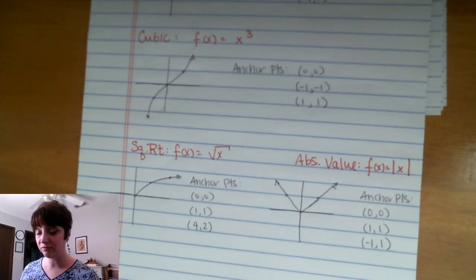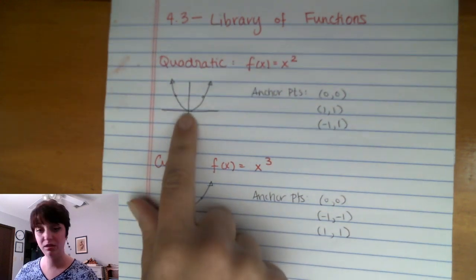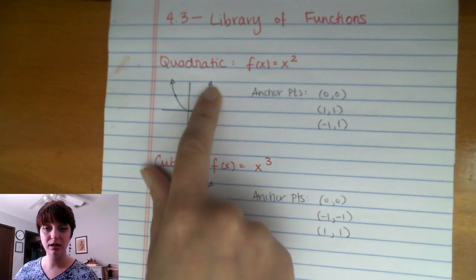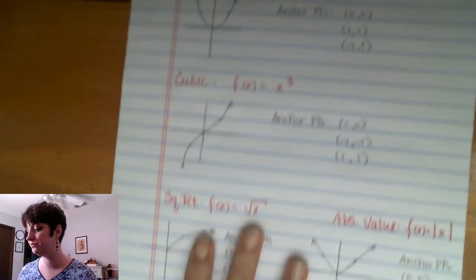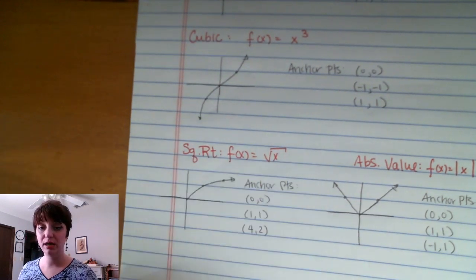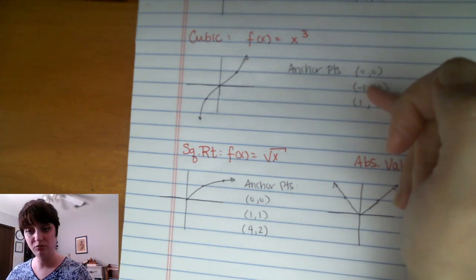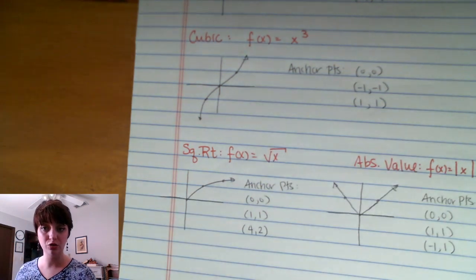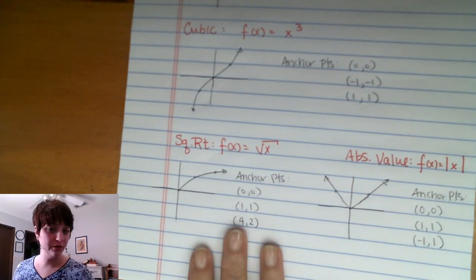The only thing that's different is the absolute value is a V and the quadratic is a U, because 2 squared is 4 instead of just 2, which is what the absolute value gives you. The cubic, again, is still negative 1, 0, 1. It's just the y values are different because cubing keeps negatives. And the square root is the guy that's weird.